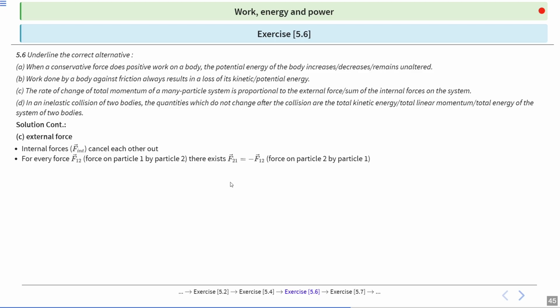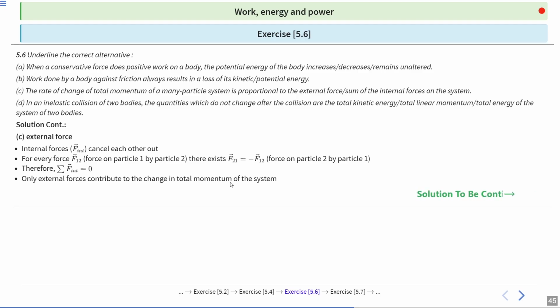The negative sign shows the opposite direction. Therefore, the net internal force is 0. Only external forces contribute to the change in total momentum of the system. Clear?